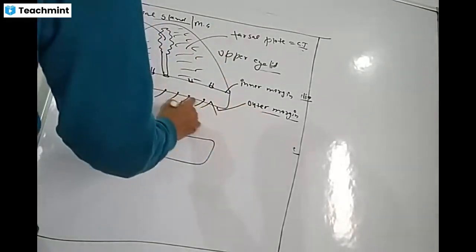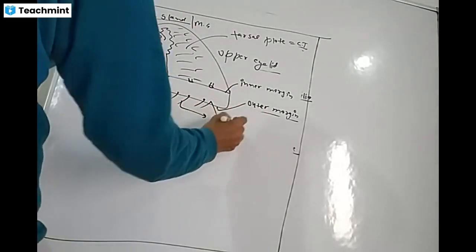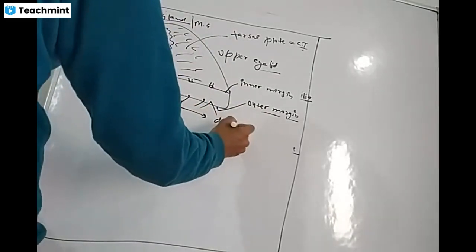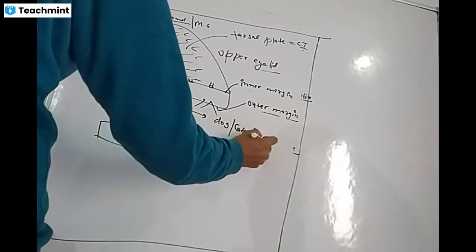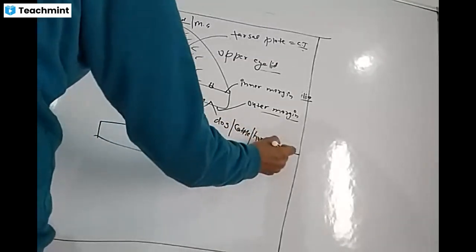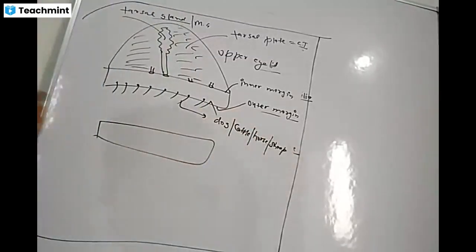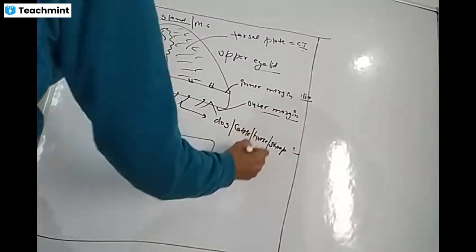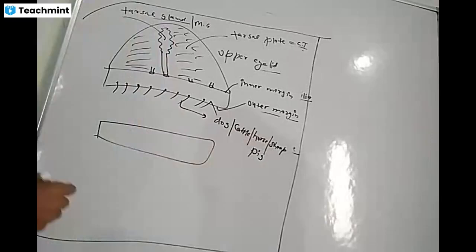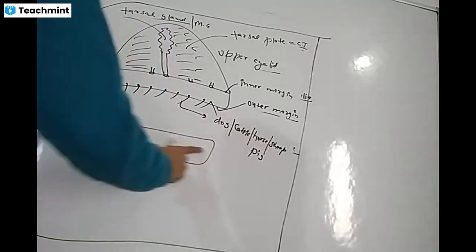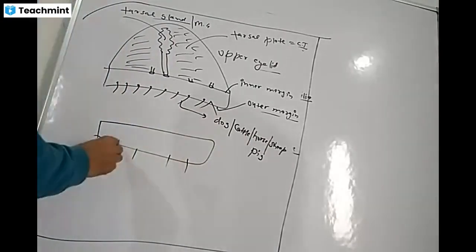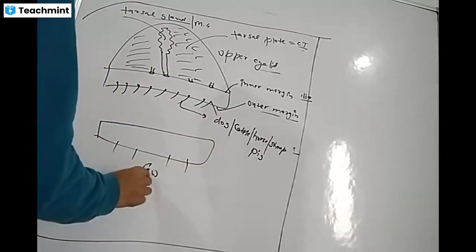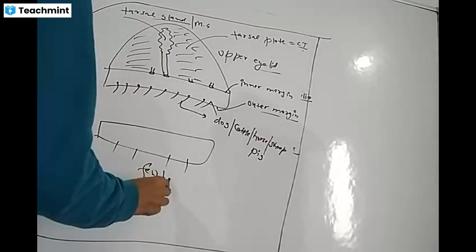These eyelashes are present in dog, cattle, horse, sheep and pigs. The lower eyelid is having few hairs.